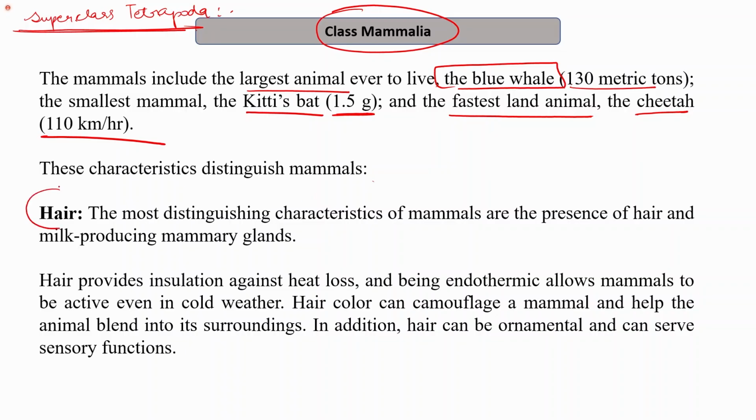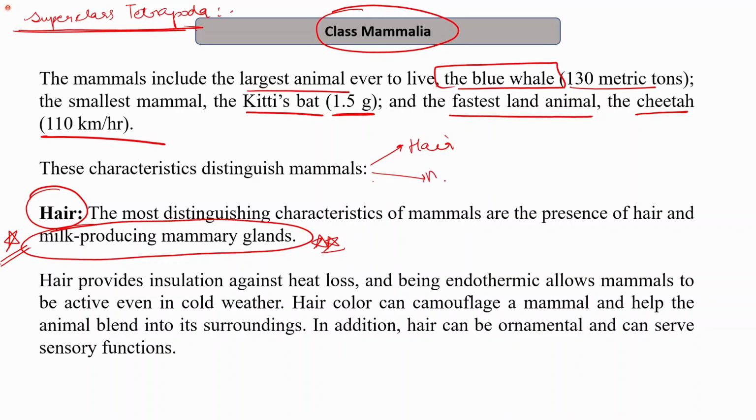Now there are certain distinguishable characters of the mammals. One of the very important characters is the hair. And the second most important character is the milk-producing mammary glands. So in class Mammalia, a very important character is the presence of hair. The second is the presence of the mammary gland.